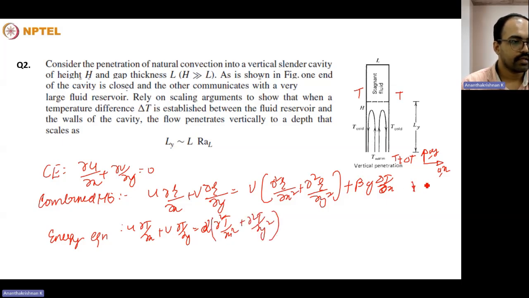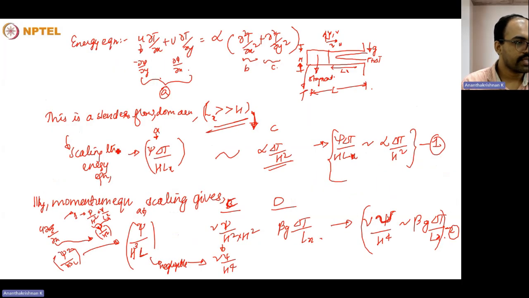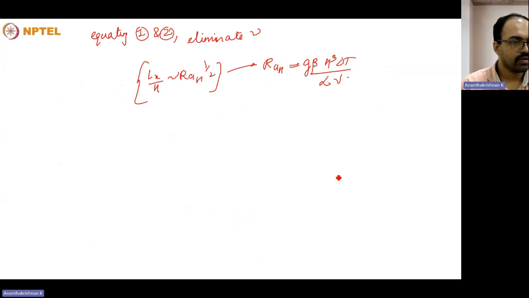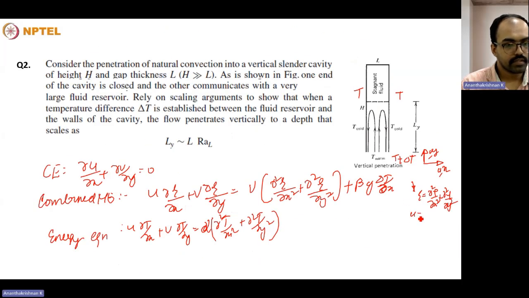So here epsilon is equal to dou square psi by dou x square plus dou square psi by dou y square. Just like the previous case, u is equal to minus dou psi by dou y, v is equal to minus dou psi by dou x. So g acts in this direction. This is the vertical direction.